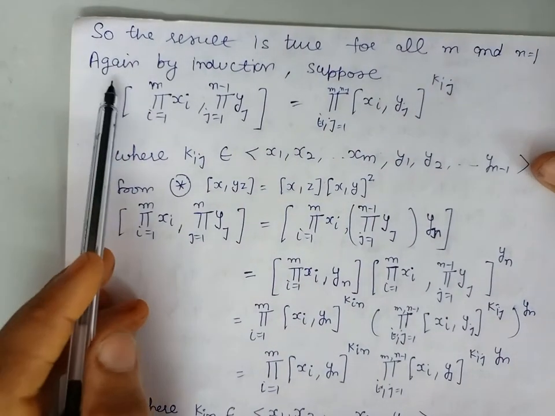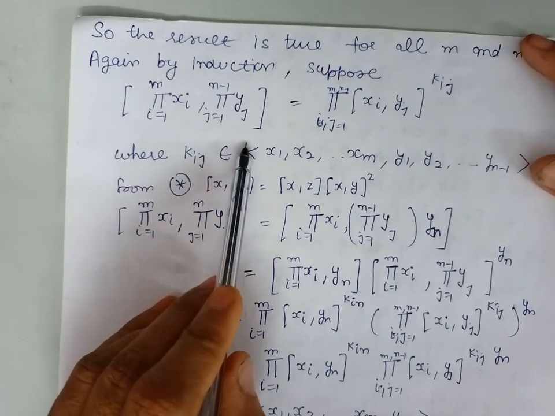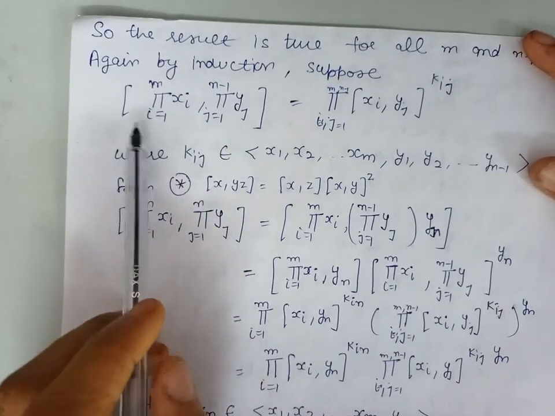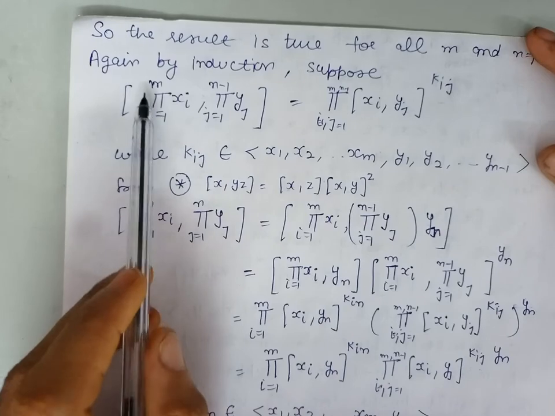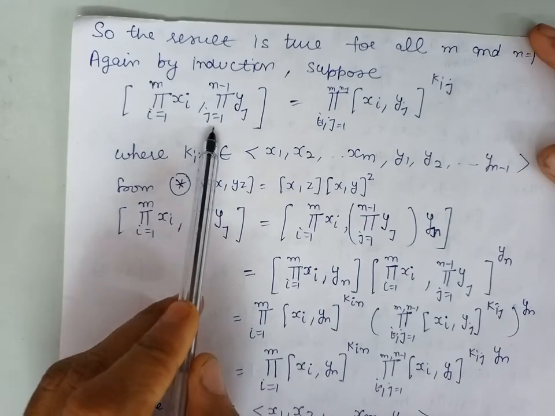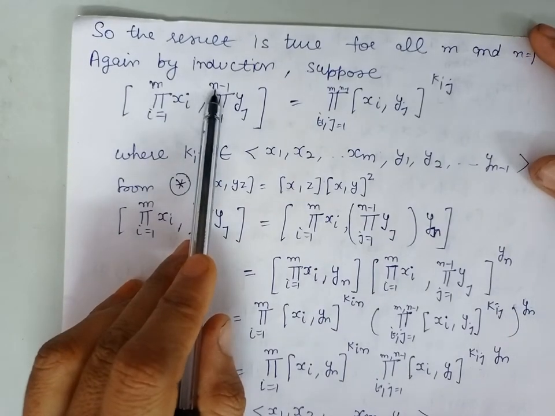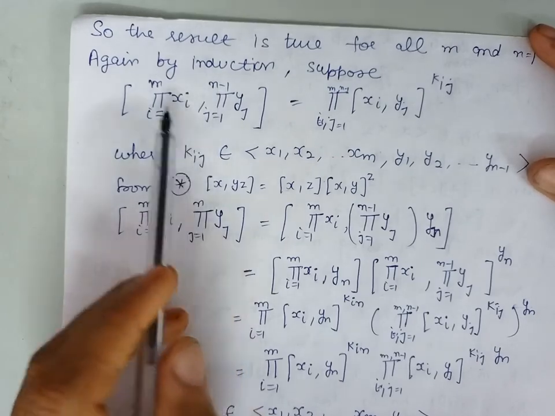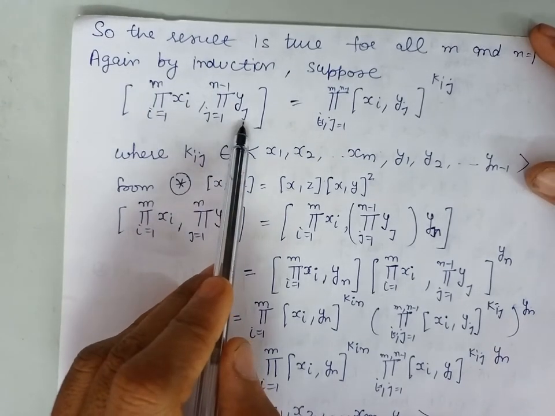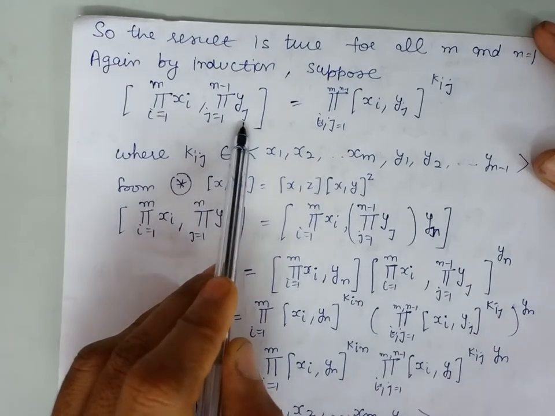Now, again by induction, let us suppose that the result is true when i is varying from 1 to m and j is 1 to n minus 1. It means when the value of suffix j is less than n, the result is true.